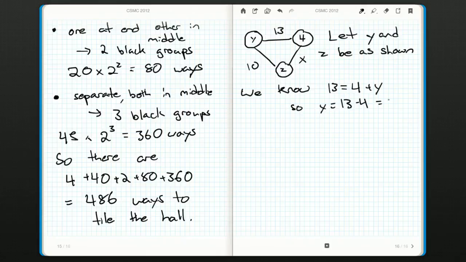It's basic arithmetic manipulation. Then we get a 9 here. We know 10 is equal to Y plus Z. Well, we know what Y is, so that's 9 plus Z. So Z is 10 minus 9, which is equal to 1.